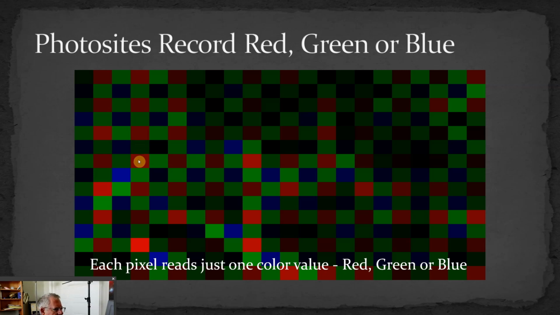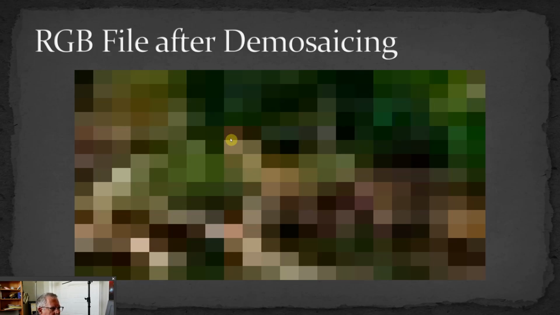And what it does is it looks at the surrounding pixels and estimates from the surrounding, if it's a red pixel, it looks at the surrounding green and blue, and interpolates how much green must be present at this site and how much blue must be present at this site, so that we can translate from a mosaic of just red, green, and blue into a full color RGB image, where now each photo site is fully described as a combination of red, green, and blue.